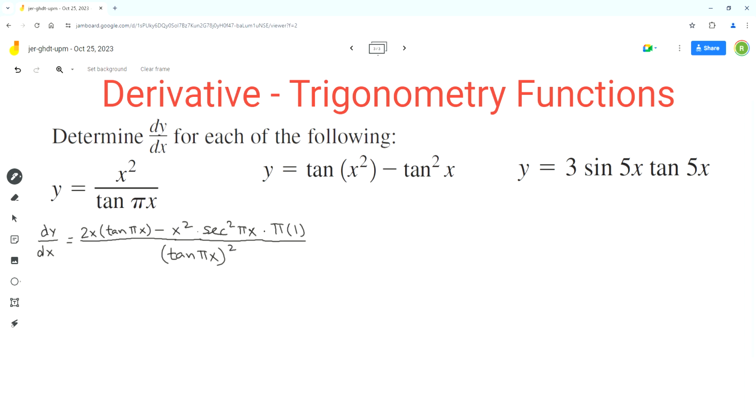Now we can simplify the expression in the numerator. So in the first part, we just get 2x tan pi x. And in the second part, pi times 1 is pi, and we can multiply pi by x squared at the front. And in the denominator, we get tan squared pi x.